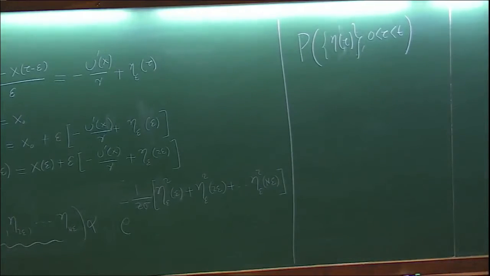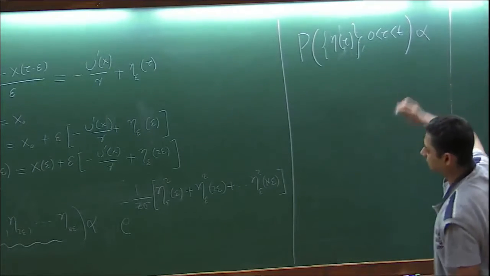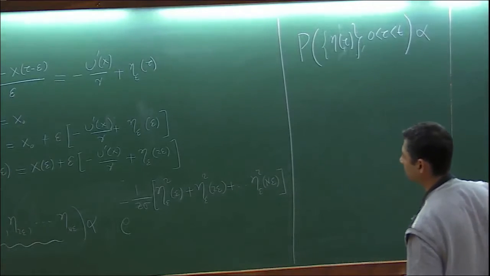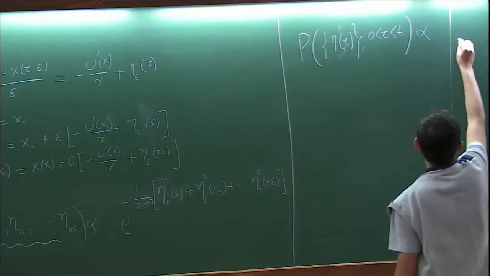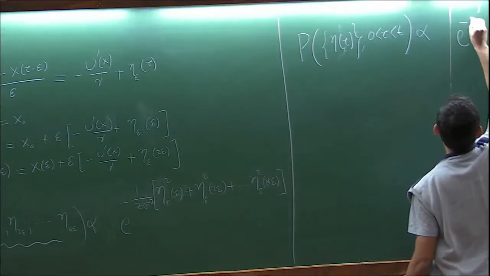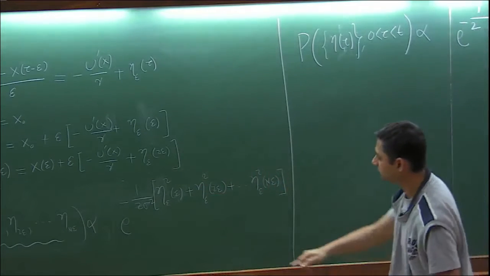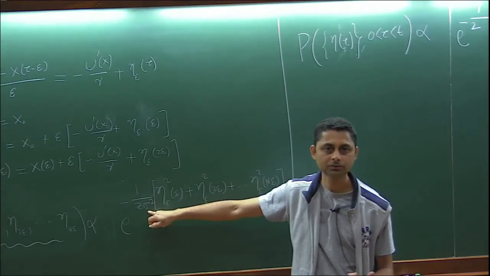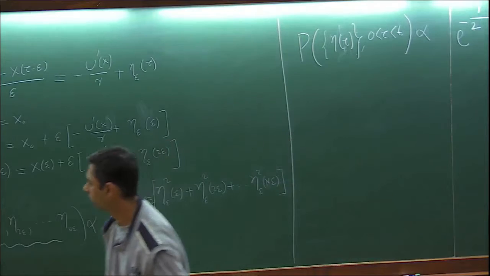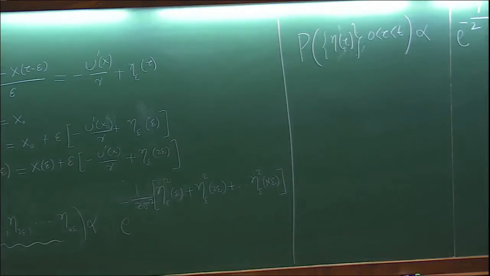So that becomes exponential of minus 1 over 2 sigma square. What is sigma square, the width of the noise, the variance of the noise? That's 2D, right?